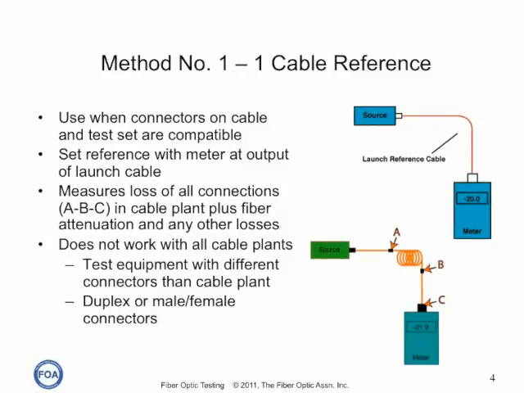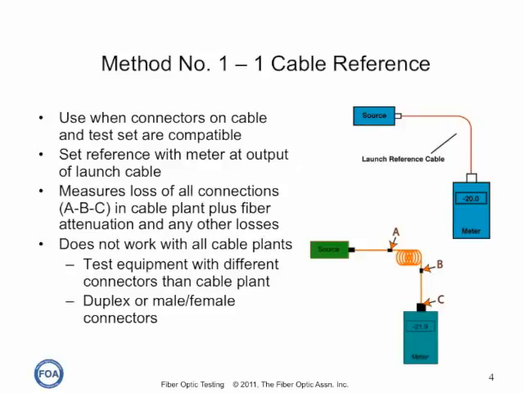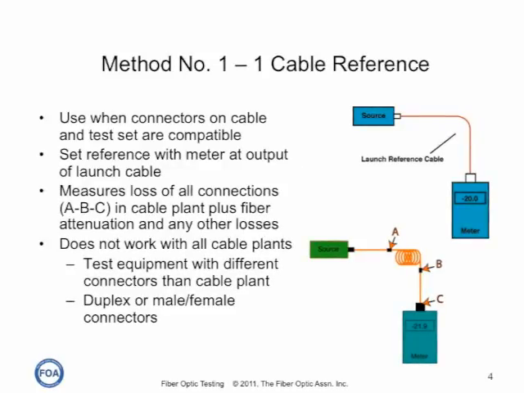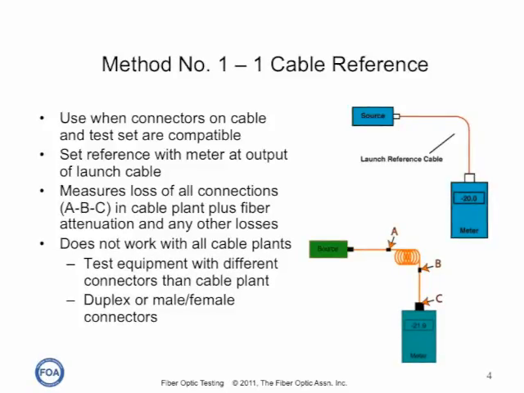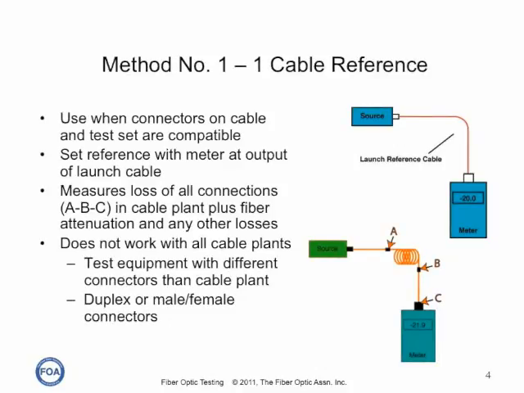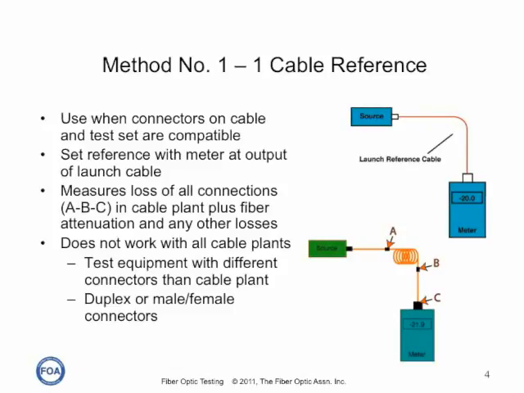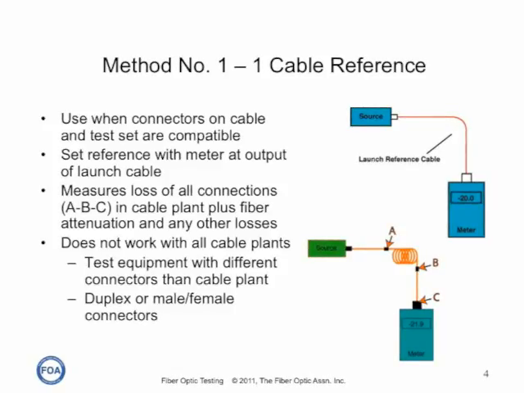The first method uses a one-cable reference. We attach our reference cable to the source and then attach it to a meter and measure its output power. We then take the source and connect it to the cable plant we want to test at point A. On the other end of the cable plant, we attach another reference cable, we call it the receive reference cable, and we use that to connect to our fiber optic power meter.